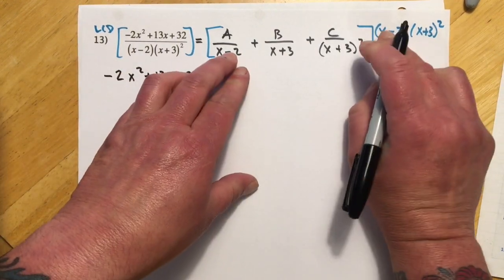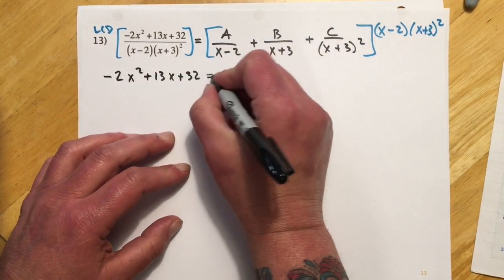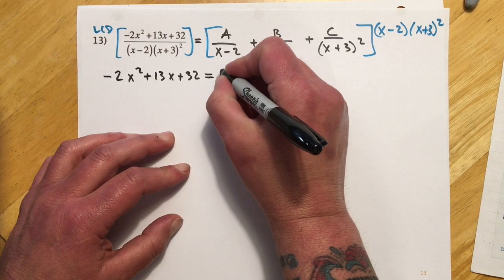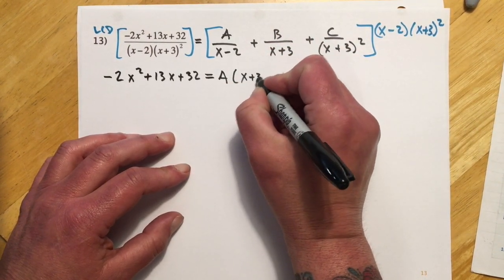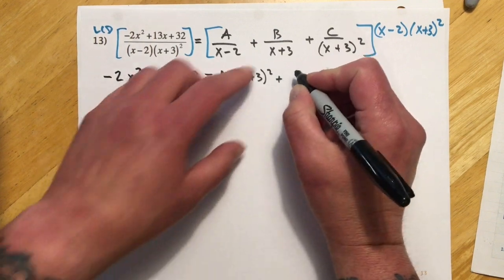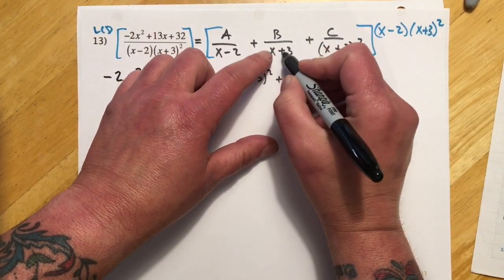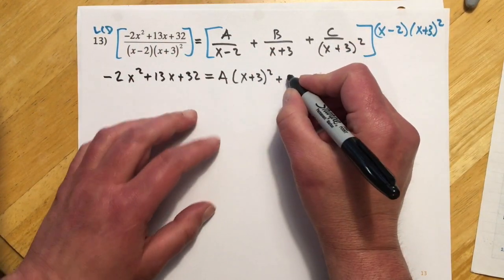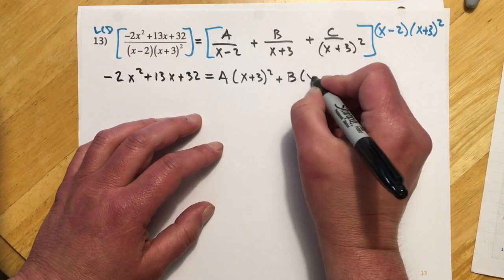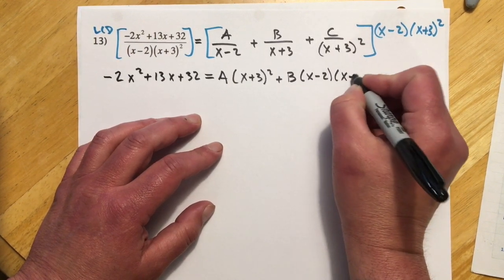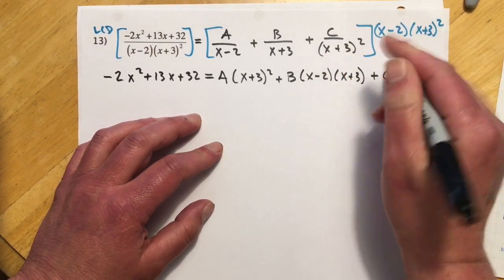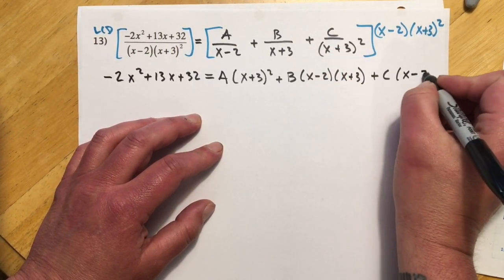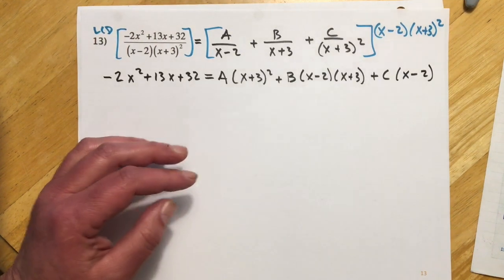And over here, the x − 2's cancel, so I have a times (x + 3)² plus b. One of the x + 3's is going to cancel, so I'll have b times (x − 2)(x + 3), plus c. The x + 3's are going to cancel, so times (x − 2).